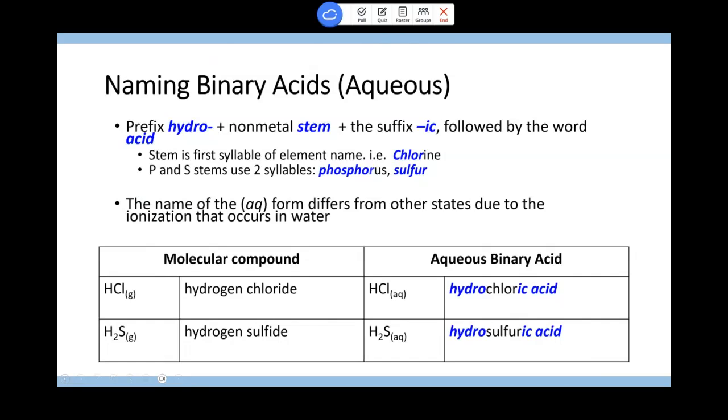When that is the acid in aqueous solution that we're talking about, we have hydro as the beginning of the name, the root of the other element. So for chlorine, that's chlor. For sulfur, it's sulfur. And then ic acid at the end. So binary acid, 1 hydrogen, 1 other element. This is the pattern that we follow.